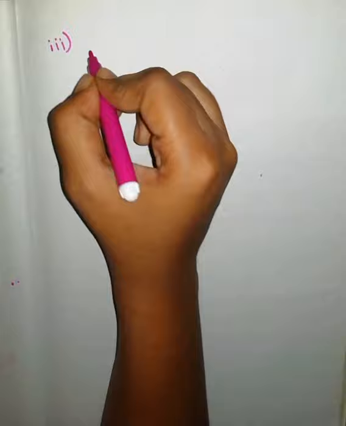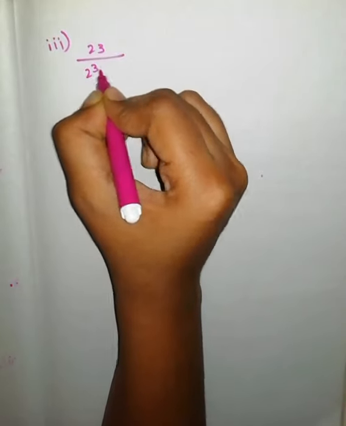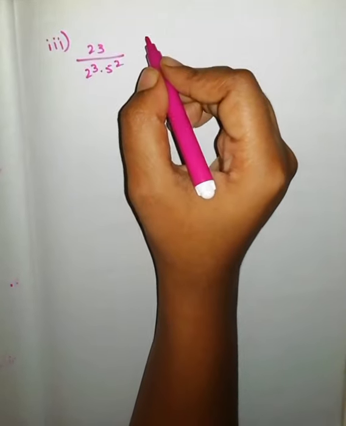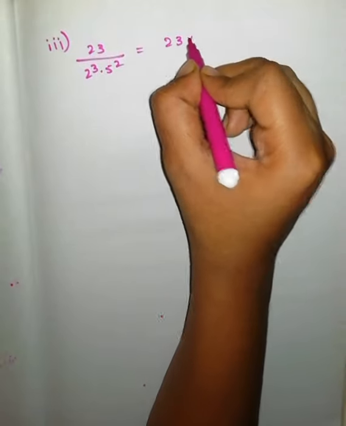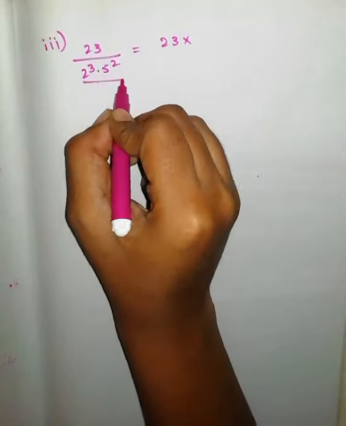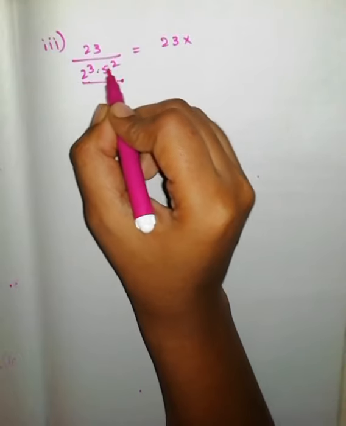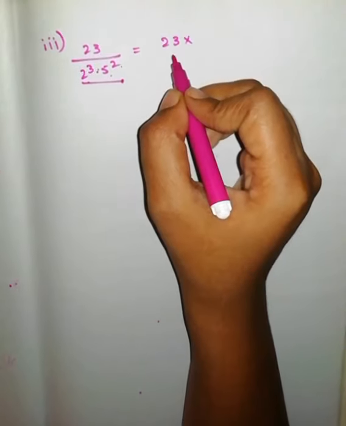Third question is 23 by 2 cube into 5 square, which is already in the form of 2 to the power of n into 5 power m.